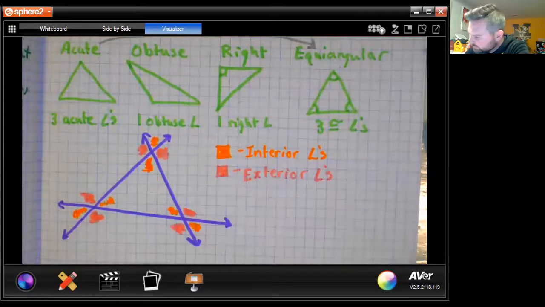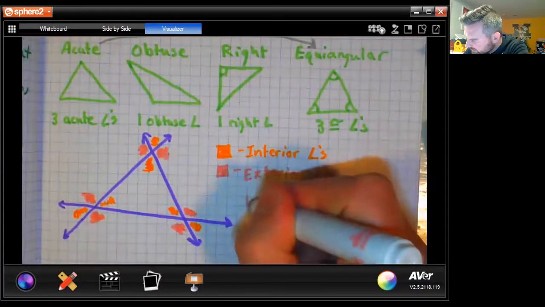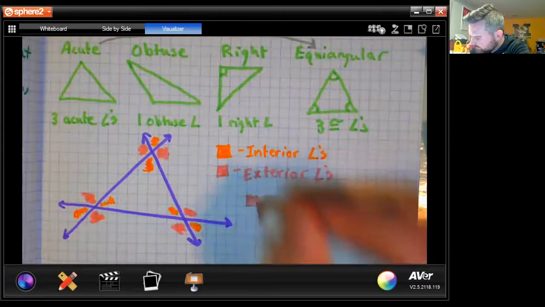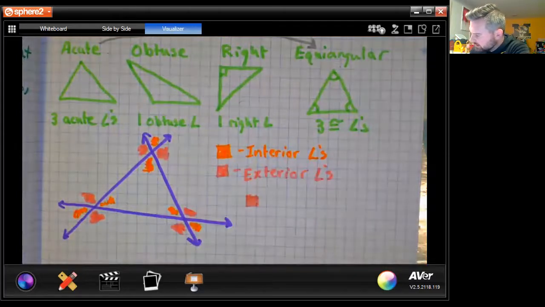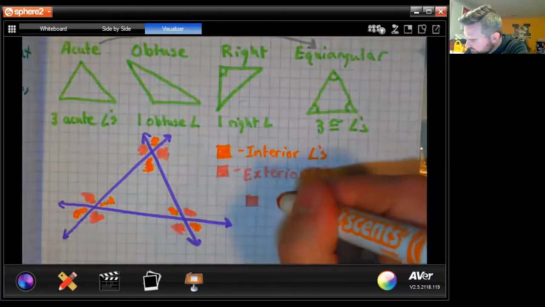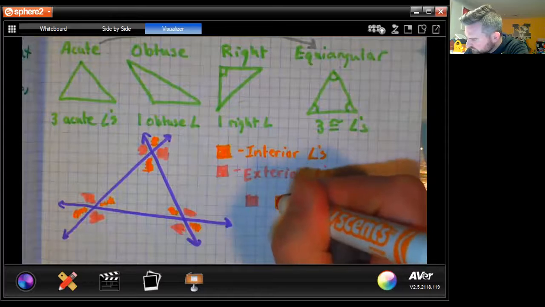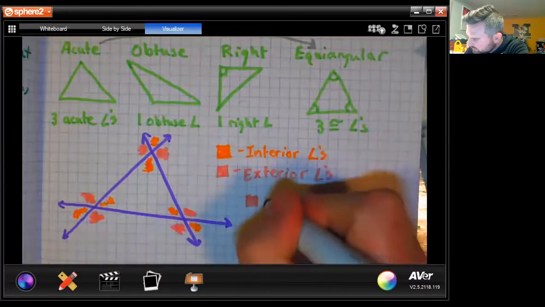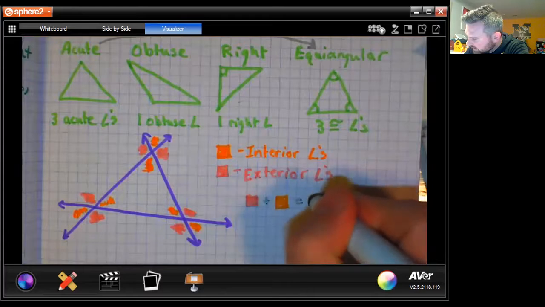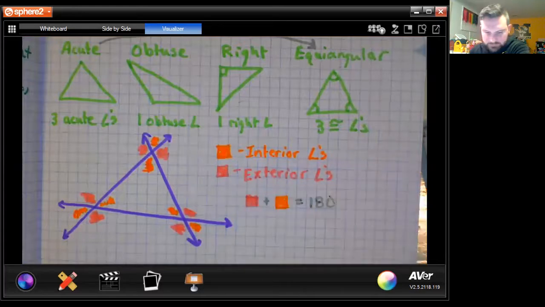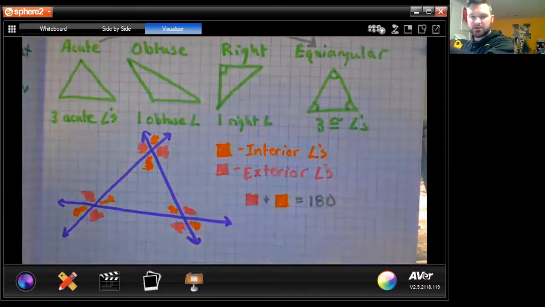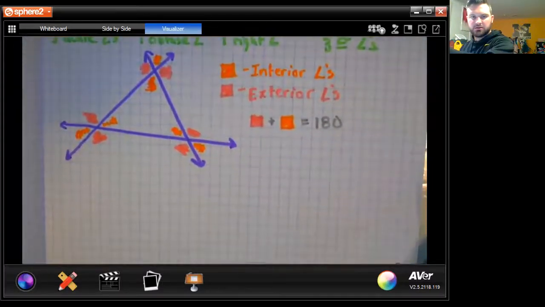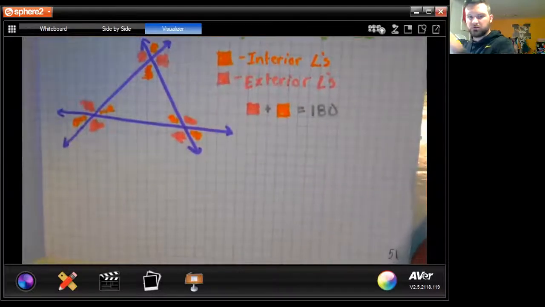Okay, outside or exterior. Now, if you look here, if you take an interior and an exterior, you will get 180 degrees. So if I take an exterior and an interior, so an exterior plus an interior equals 180 degrees. Okay, so that's one of the properties. Another property, actually we'll do two more properties.